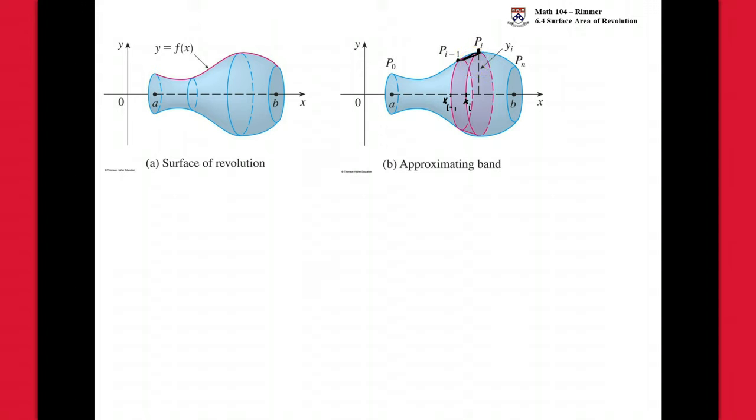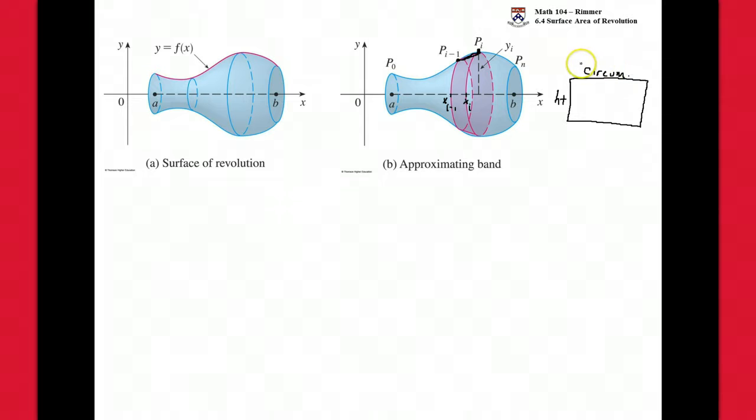What we're going to do is unroll. We're going to slice it, think of this as like a label, and unroll it, and what we'll have will be a rectangle. The height of the rectangle, and then the circumference. Once we unroll it, this will be the circumference.